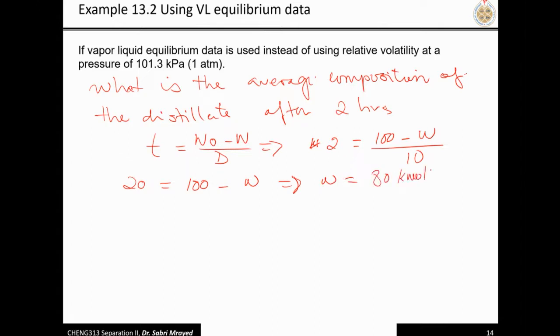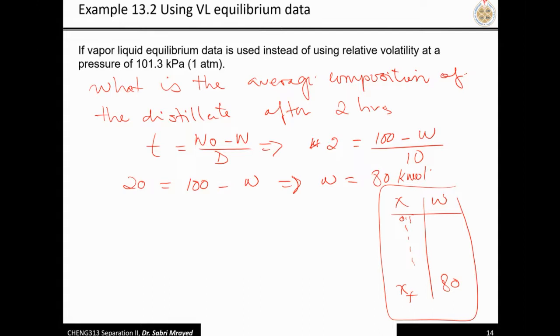So you will have to do the same procedure I explained, and you will try to generate this x here from 0.5 to that x final, let's call it x final, that will correspond to W being 80. Once you have x and W, you can go back to the equations for y average.